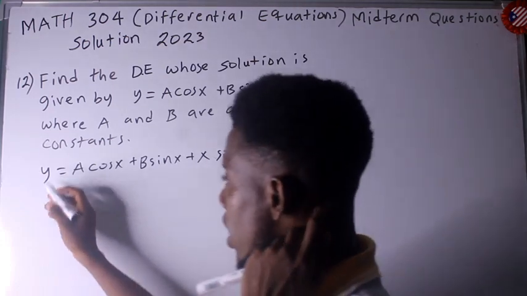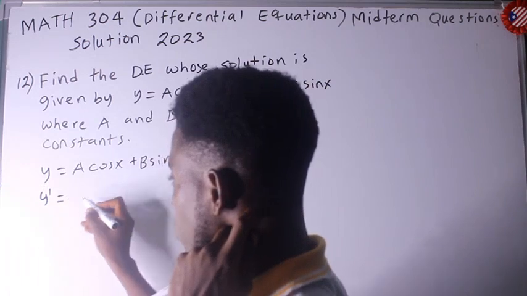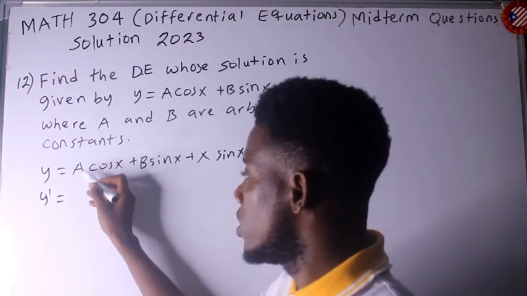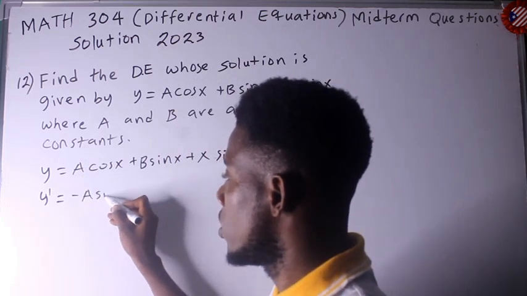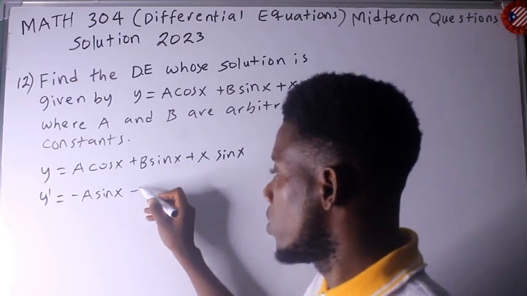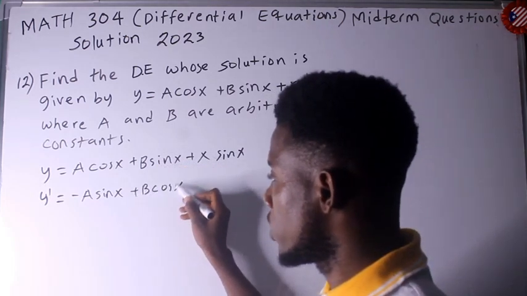If we differentiate y, we have y prime equals, we differentiate cos of x, which is negative sin of x, so this will be negative a sin of x. If we differentiate sin of x, we have cos of x, and this will be plus b cos of x.